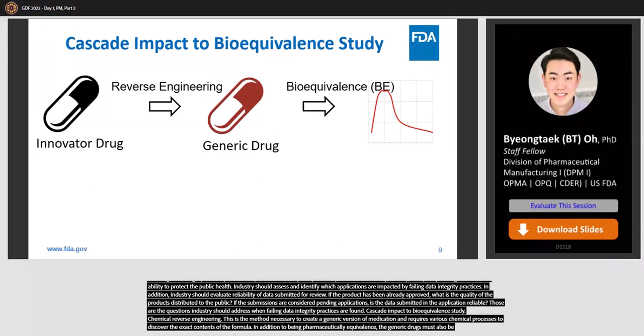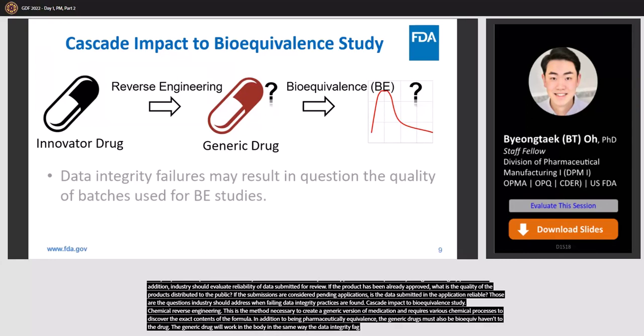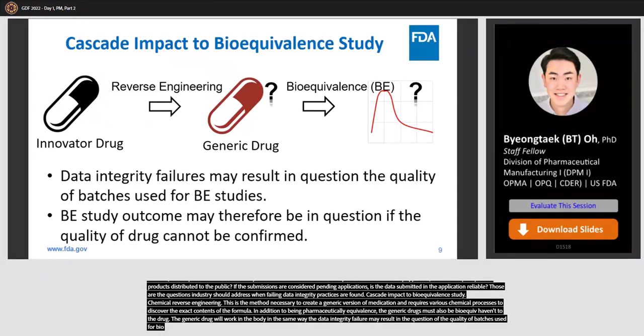That means the generic drug will work in the body in the same way. Data integrity failure may affect the quality of the batches used for bioequivalence studies. Bioequivalence study outcome may therefore be in question if the quality of the drug cannot be confirmed.